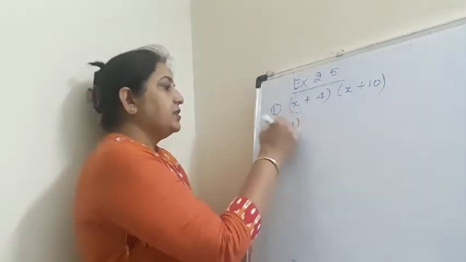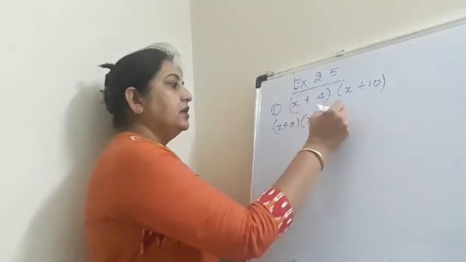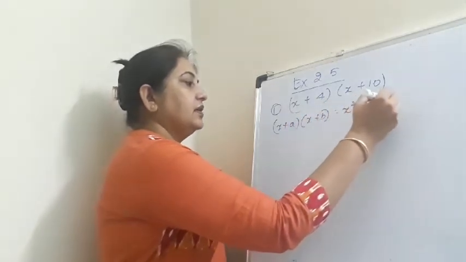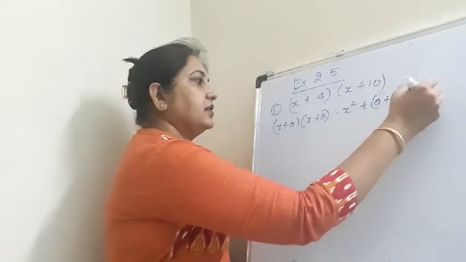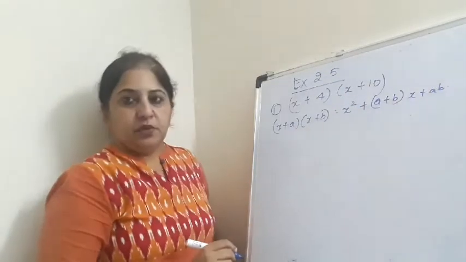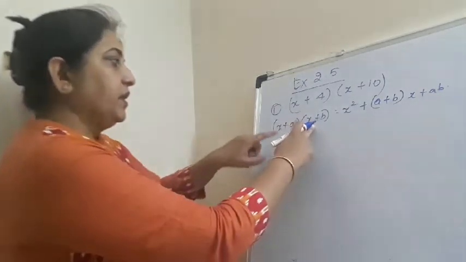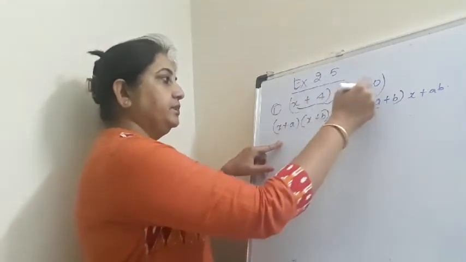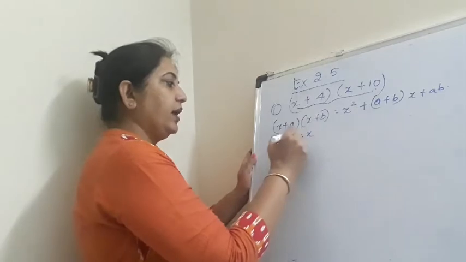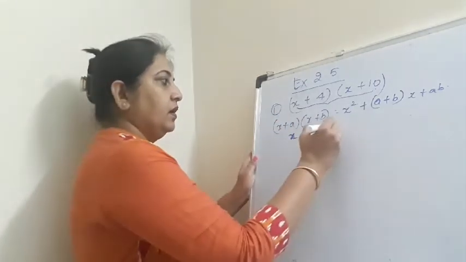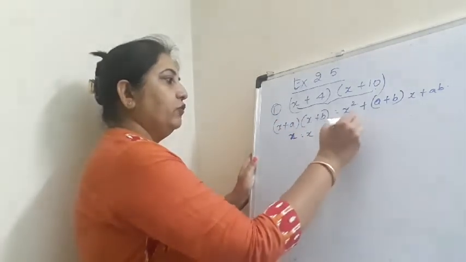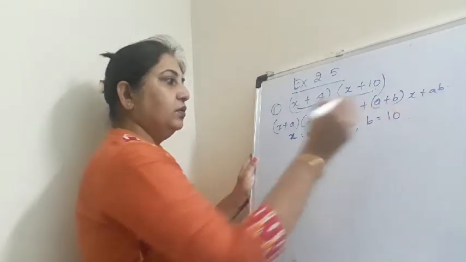As you know, (x + a) and (x + b) is equal to x square plus (a + b)x plus ab. This you have learned in your previous class. So (x + a) into (x + b), which we will tally with this question. So here x is equal to x, a is equal to 4 and b is equal to 10.